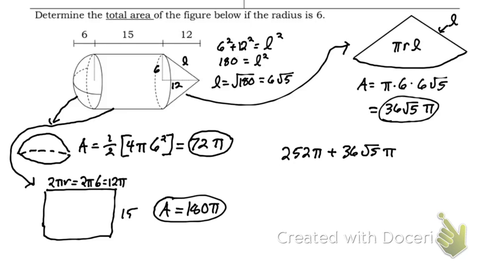So I could rewrite this as 252 plus 36 square root of 5, put the pi outside. And we also have, what is it, centimeters? They didn't really give us any size, did they? No. So we'll just go units squared.